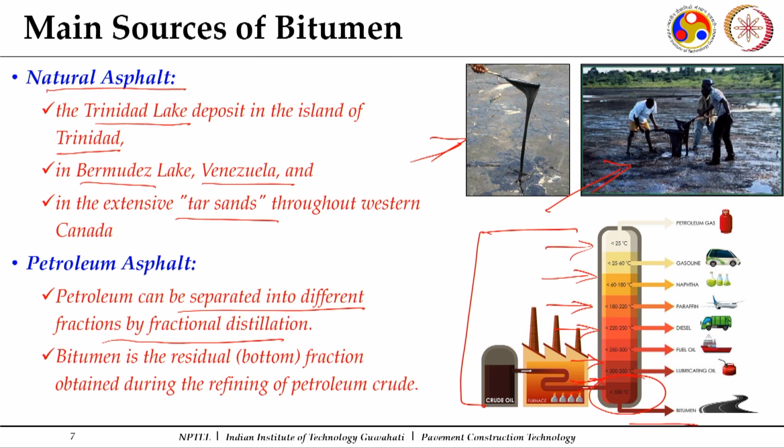Now, this is the residual bitumen fraction which is obtained, and this is also further refined or processed to get the desired quality of bitumen. There are various ways of further processing it. Degassing is there, air blowing is there, vacuum application is there, so as to achieve a composition of bitumen which is suitable for our road construction.